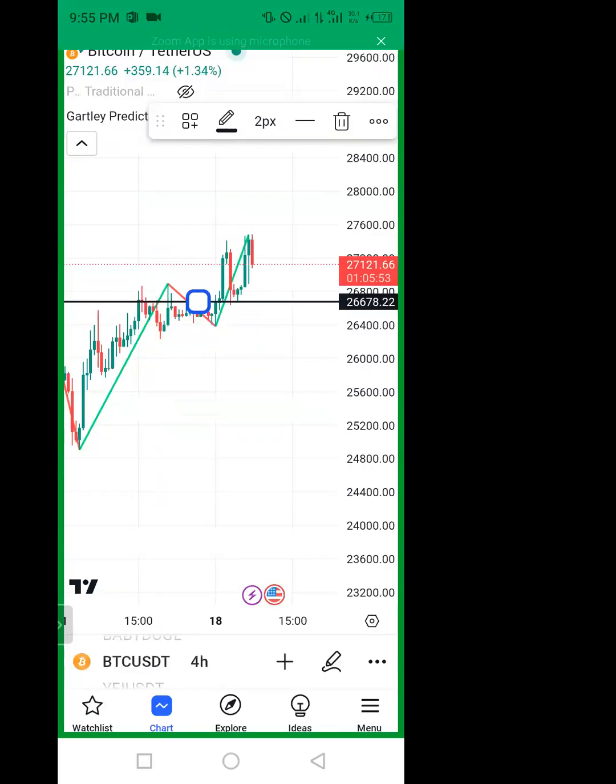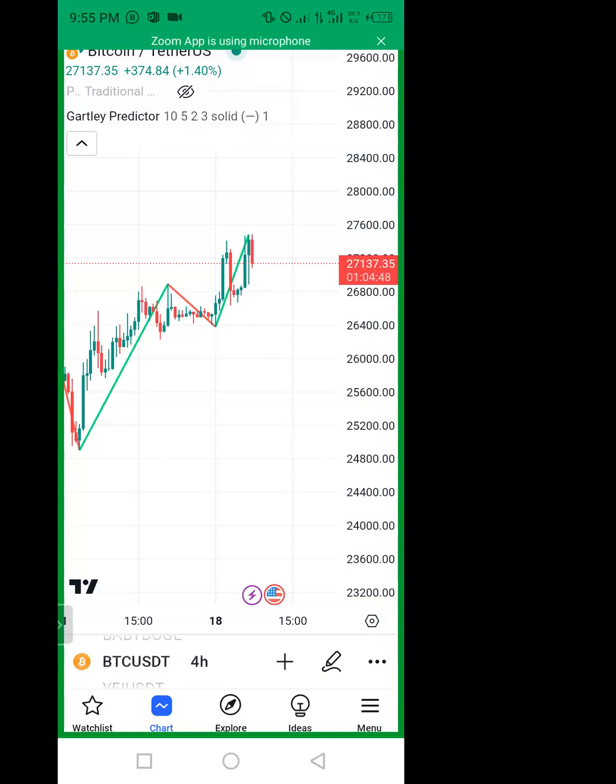The GARTLEY predictor indicator, I've said it has 2 lines: a green one showing an uptrend and a red one which shows a downtrend.